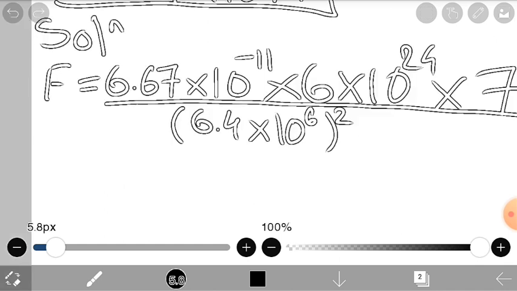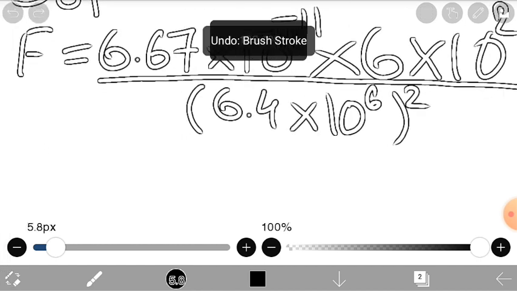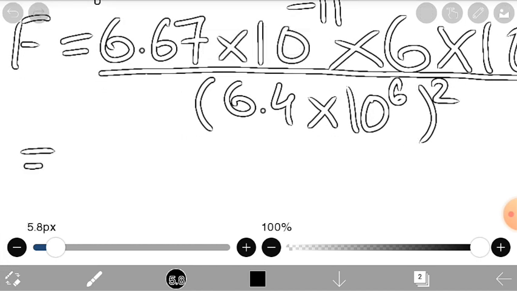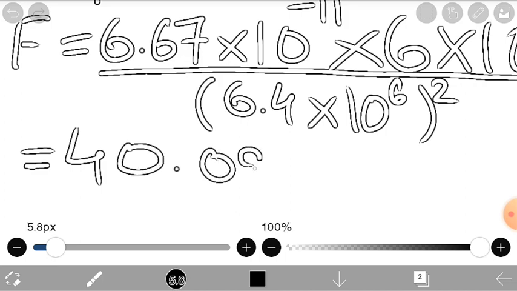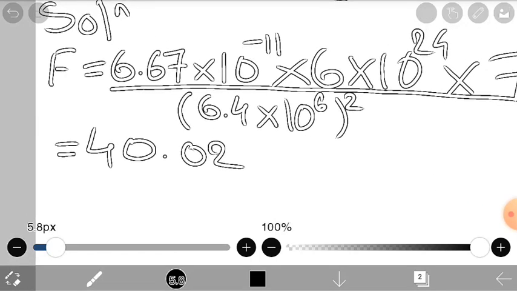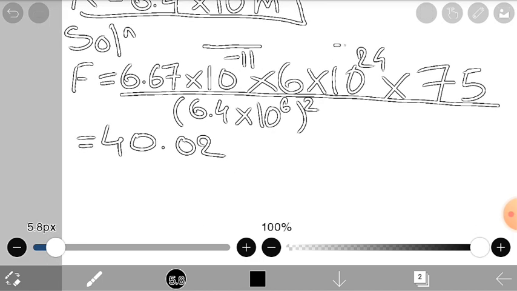When we multiply this 6 in 6.67, we will get 40.02. Let's write it here: 40.02. The remaining things are 10 raised to minus 11, 10 raised to 24, and Mahendra's mass.